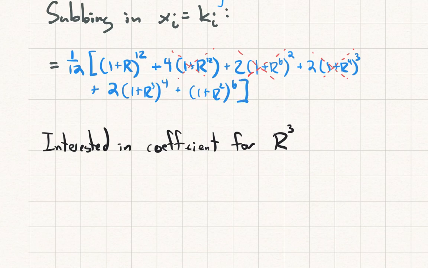Because we have 1 plus r squared to the 6th. So all of the r's are going to have even powers, and we're looking for an odd power, so we don't need to include that guy either. So the only places where we can get coefficients for r cubed are here and here.